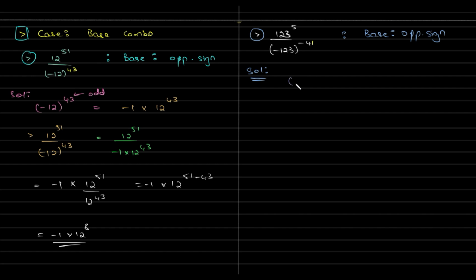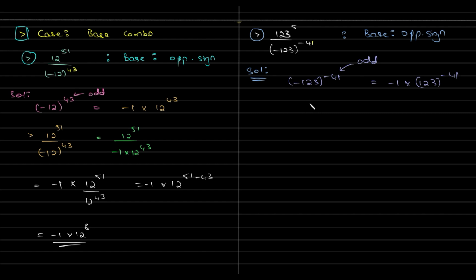Well, I have to convert one of them to be the same as the other. So how do you do that? Here we are looking at an odd number. So this will be negative 1 into 123 to the power of minus 41. The power won't change, it will remain the same.